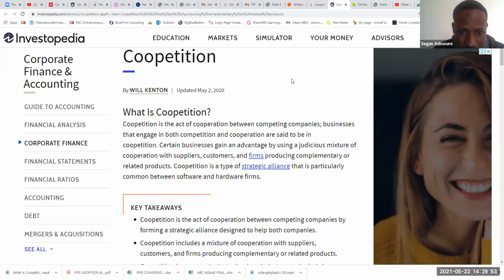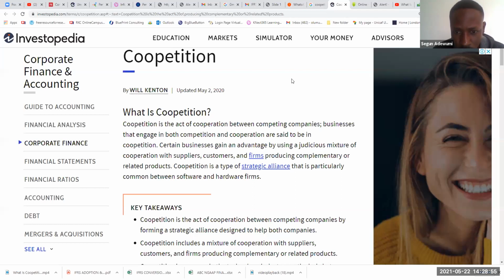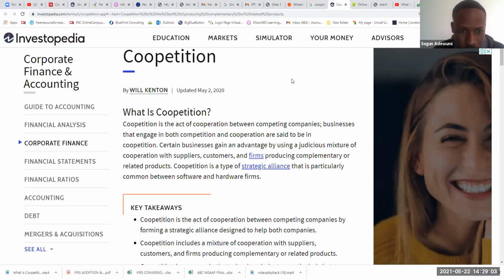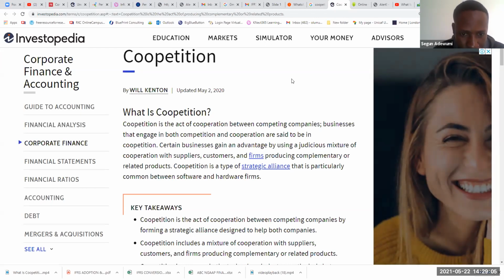Certain businesses gain an advantage by using a judicious mixture of cooperation with suppliers, customers, and firms producing complementary or related products. Coopetition is a type of strategic alliance that is particularly common between software and hardware firms.